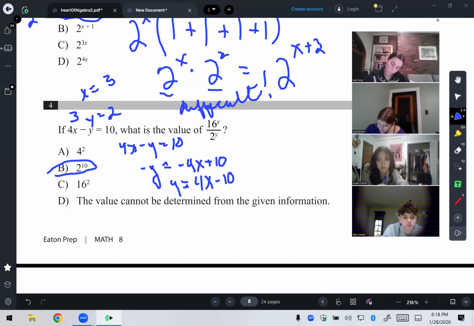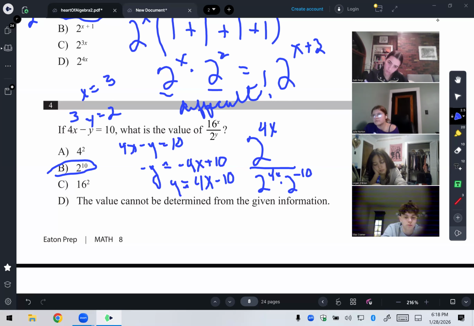Yeah. So this would be 2 to the 4x. And now she could just substitute the y in. So the y is going to be 2 to the 4x over 2 to the minus 10. 4x is canceled, change the floor. So 1 over 2 to the minus 10 is just 2 to the 10. 2 to the 10th.